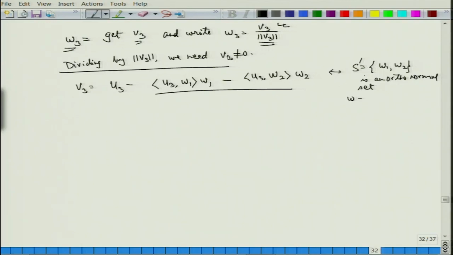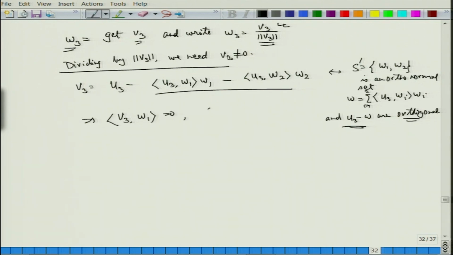I am defining the sum over i equal to 1 to 2 of the inner product of U3 with Wi times Wi. So what we know is that this and U3 minus this are perpendicular, are orthogonal. From this part I get that V3 with W1 is 0, V3 with W2 is 0.